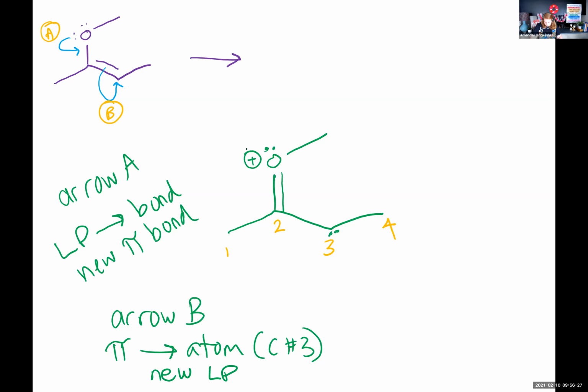What about carbon number 2? Is carbon number 2 neutral, positive, negative? It's neutral. Perfect, good. Carbon number 2 gained a bond with the oxygen and it lost a bond. So overall, its number of bonds did not change. What about carbon number 3? I need a negative. It does need a negative.